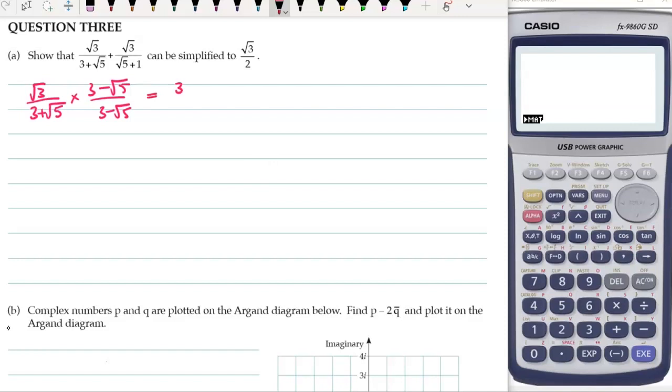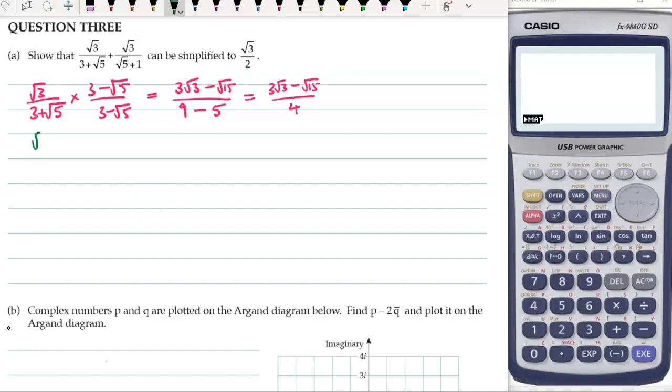We will have 3 root 3 minus root 15 all over, well, the 3 times 3 is 9. We'll have a plus 3 root 5 and a minus 3 root 5, so they cancel out, and we end up with a minus root 5 times root 5, so that's minus 5. So this is 3 root 3 minus root 15 over 4.